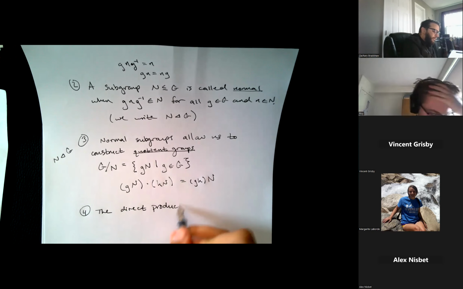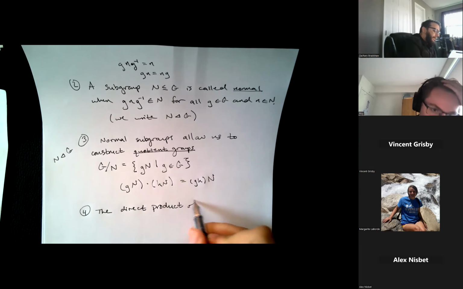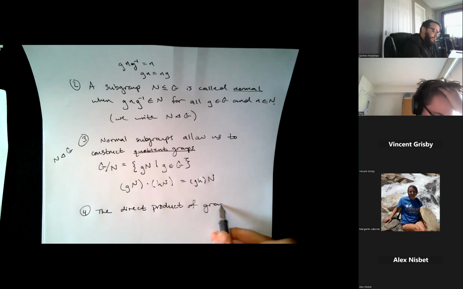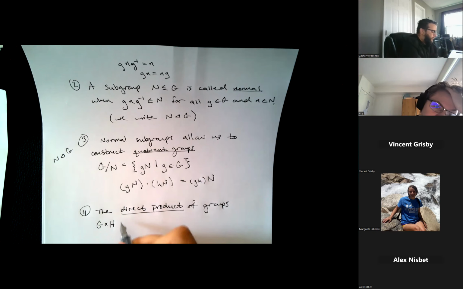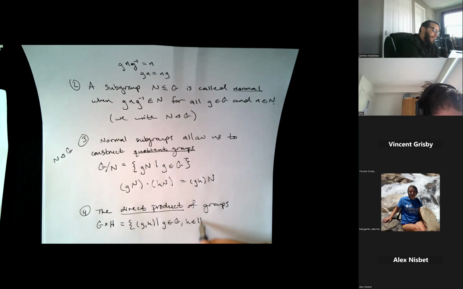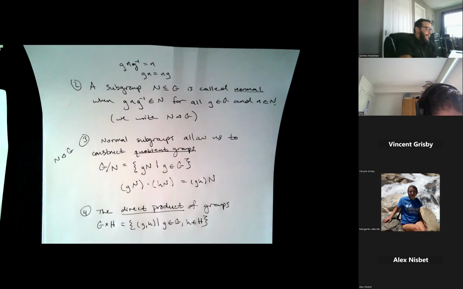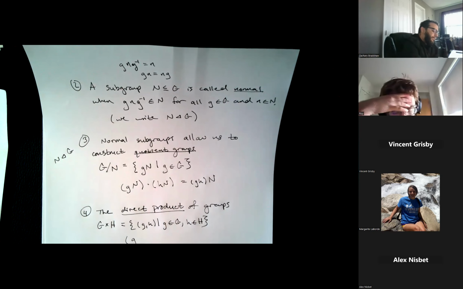If I have two groups, I can get a bigger group by taking what's called the direct product. It's G cross H, which is the set of all pairs, remember, (g, h) where g is an element of G and h is an element of H. And the operation is just component-wise.